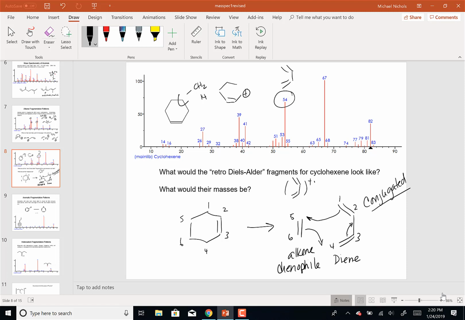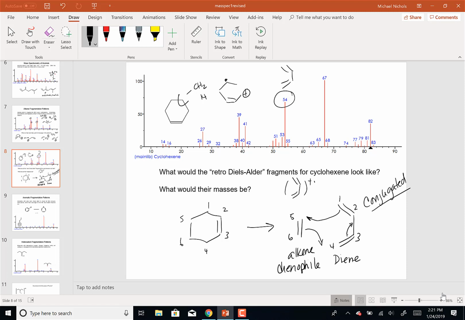I'm going to definitely have the carbocation at the allylic position, and then maybe the radical would be there. I still have to lose a hydrogen atom.